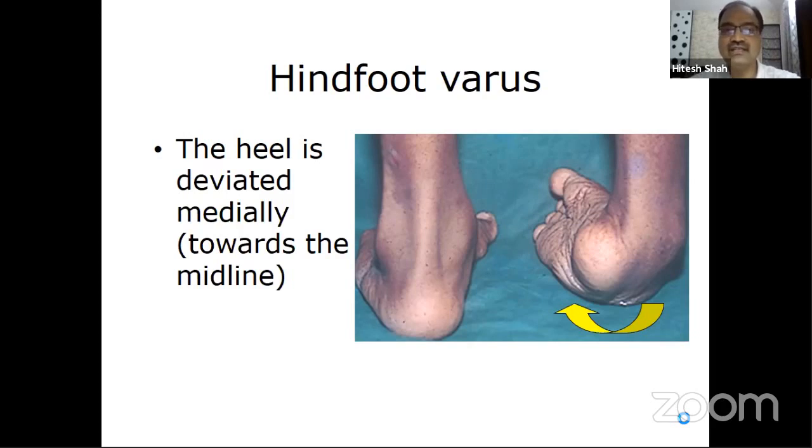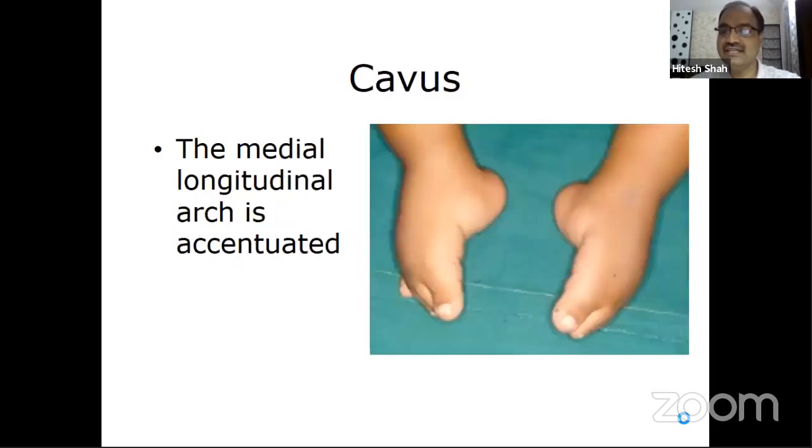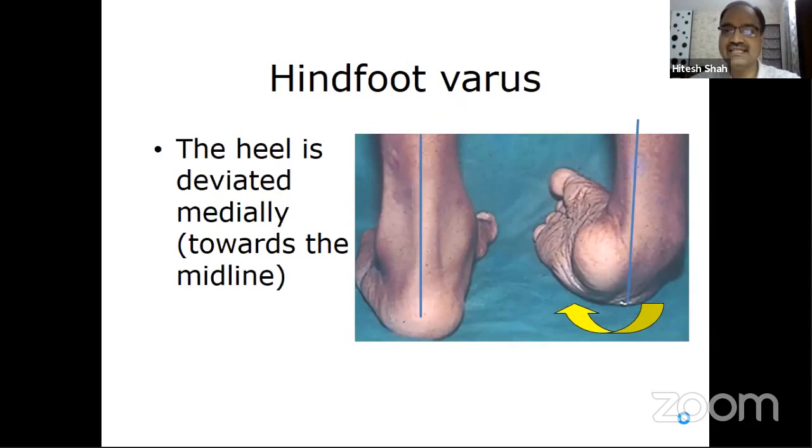On the normal side, the heel bisects the calcaneum, or a little valgus is present. In clubfoot, the heel is deviated medially because of the deformity of the subtalar joint. Hindfoot equinus happens at the tibiotalar, or ankle, joint, and hindfoot varus happens due to adduction, inversion and plantar flexion of the subtalar joint.